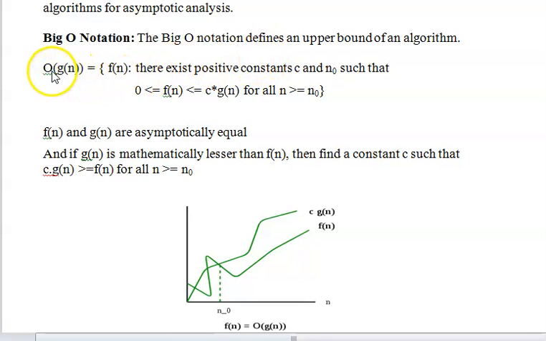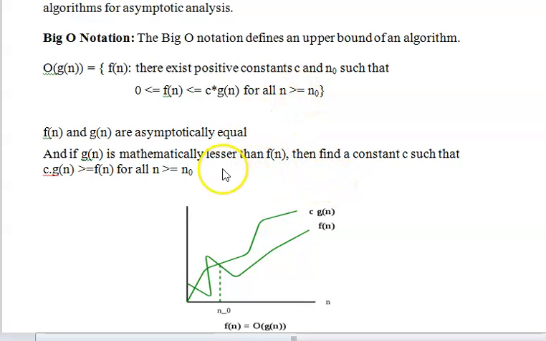That means if we represent the functions g(n) and f(n), if they are the two polynomials referring to two algorithms, then we can write it as big O of g of n is equal to f of n if there exists a positive constant c and another constant n naught, such that f of n is always less than or equal to c into g of n for all values of n greater than or equal to n naught.